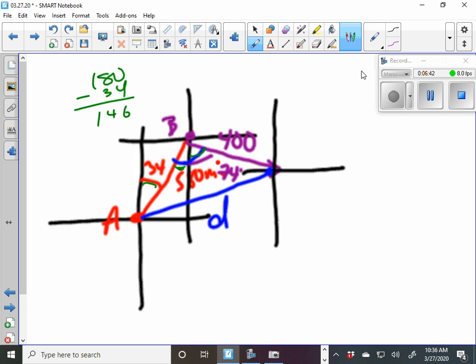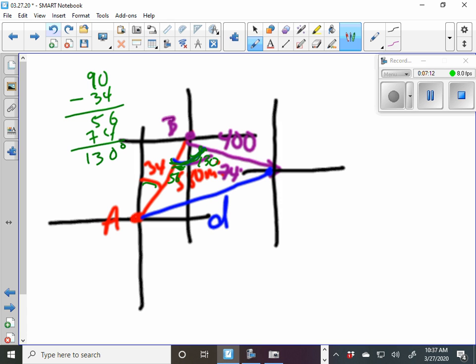It should be 90. Yeah, whoops, that's 90 minus 34. Gives me 56. So this is 56 degrees. 56 plus the 74 gives me 130 degrees. This whole thing here now is 130 degrees.